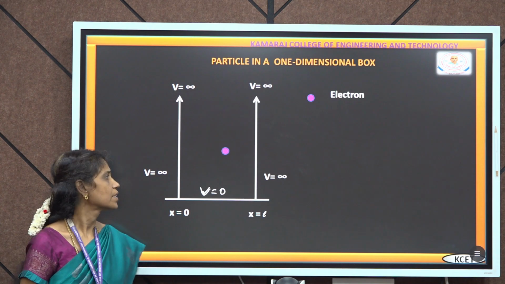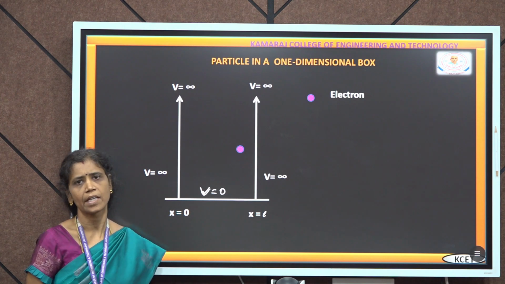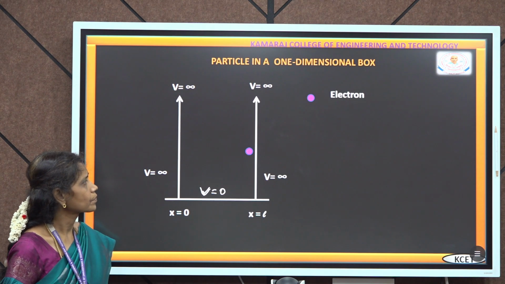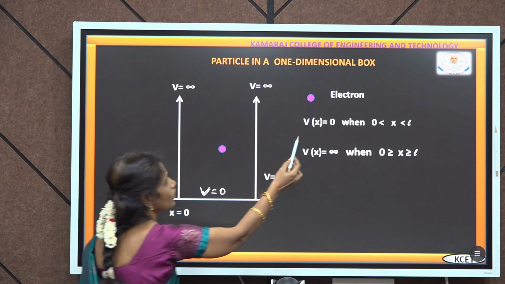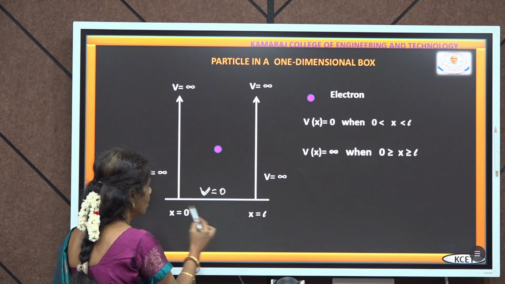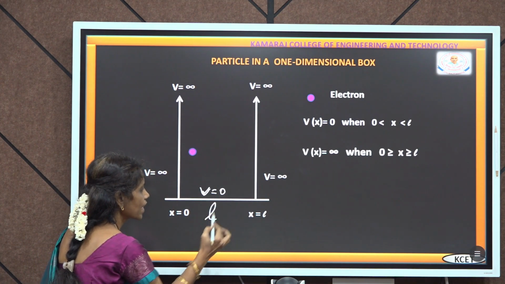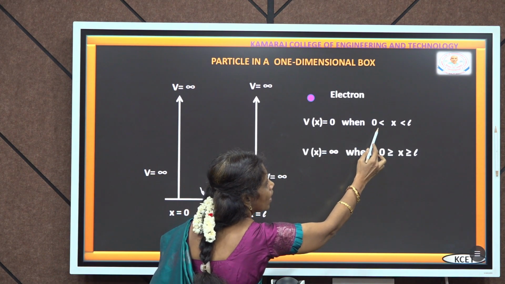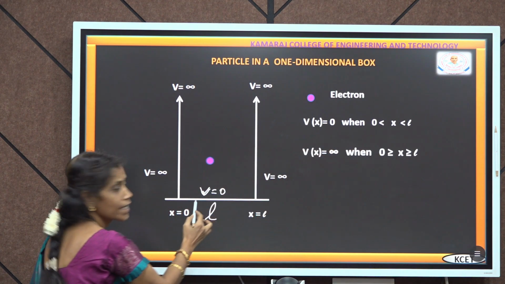Okay, good. Then we write the boundary conditions in simple mathematical form. Here in the potential box, the length of the box is L. When the x value is greater than 0 and less than L, the potential energy is 0.